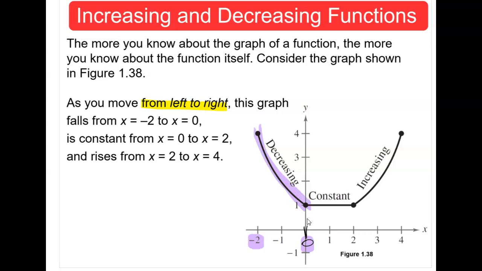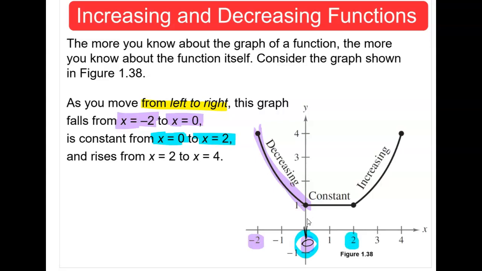Okay, and then from x equals 0, so the first one was from negative 2 to 0. The next one is from 0 to 2 for x.